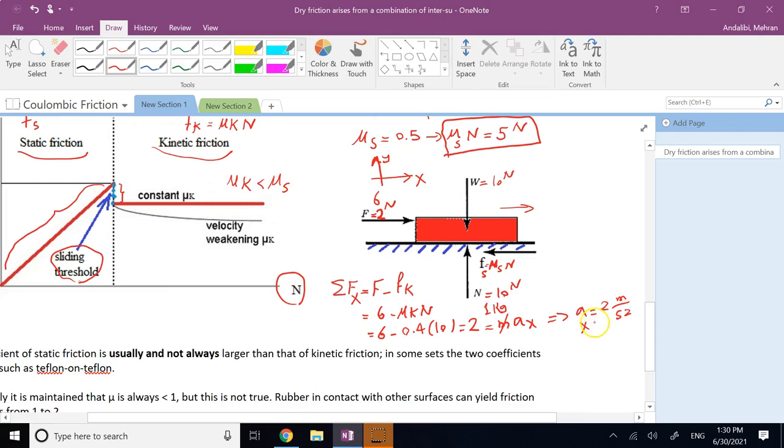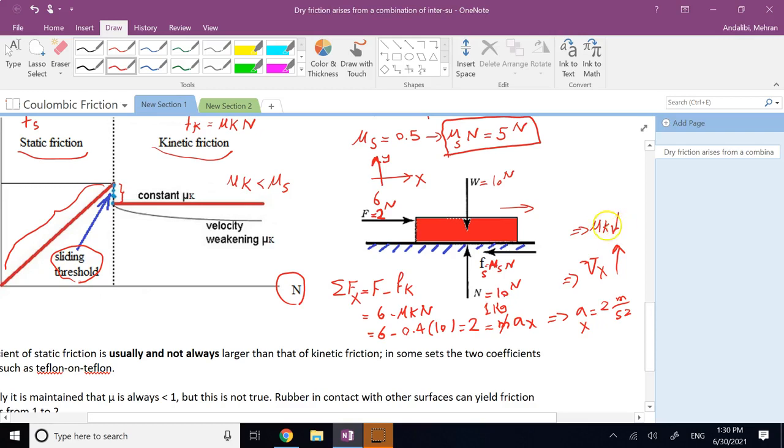And when you get a, if you start from a stationary position, it means you are going to get velocity. Your velocity in the x direction is going to go up, and that means your mu k should, most of the time, drop.